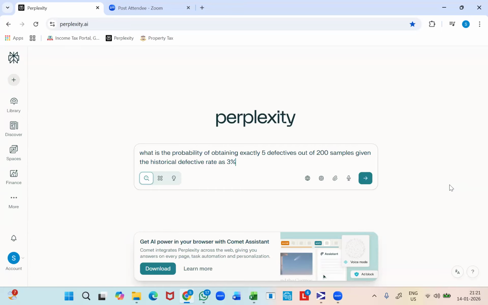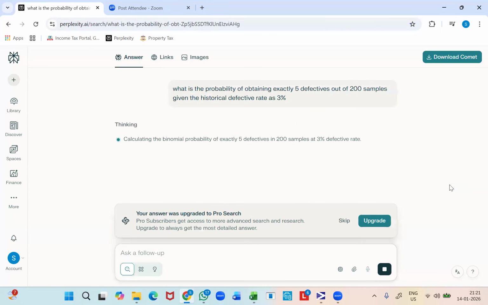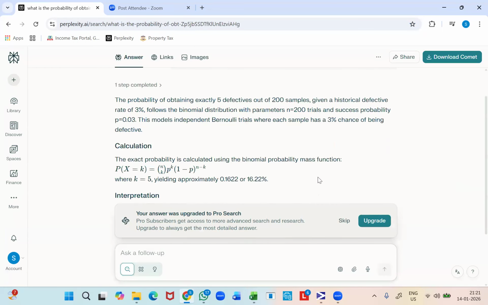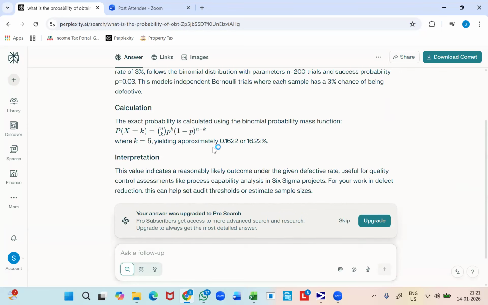The moment I provide the prompt, the AI tool will calculate and provide me with the final answer, right? So 0.1622. That's exactly what we got, right? Or 16.22%.